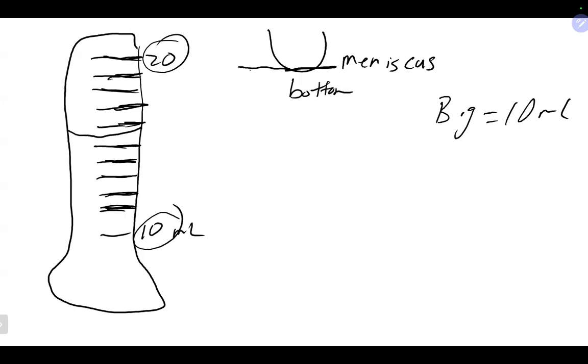That means each of the smallest markings in this particular case is how much? 1 milliliter in this case, yeah? So each of the smallest markings here is 1 milliliter. Obviously, this would be 11, 12, 13, 14, 15, 16, 17, 18, 19, and obviously 20 up there on top.